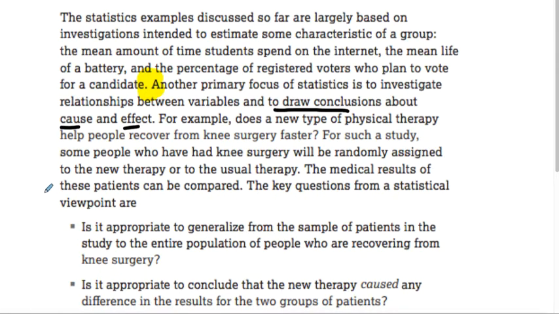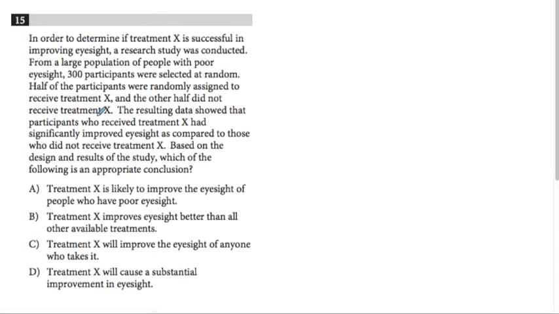So now we can go back to question number 15. It said, in order to determine if treatment X is successful in improving eyesight, a research study was conducted. From a large population of people with poor eyesight, 300 participants were selected at random. So we're taking a random population from the group.